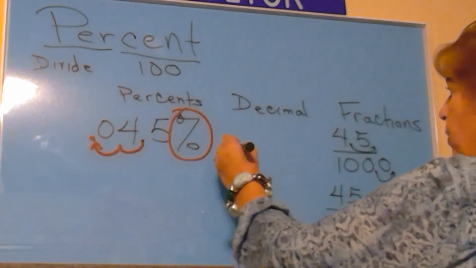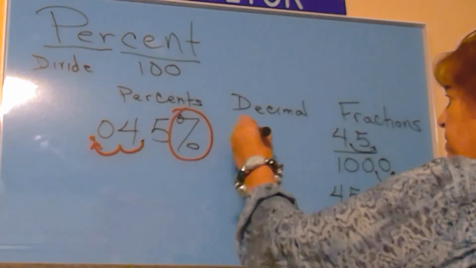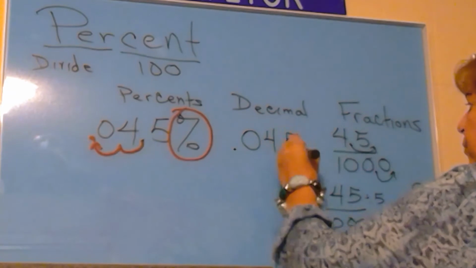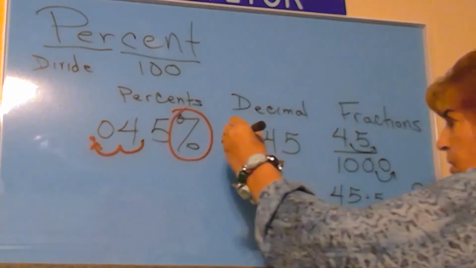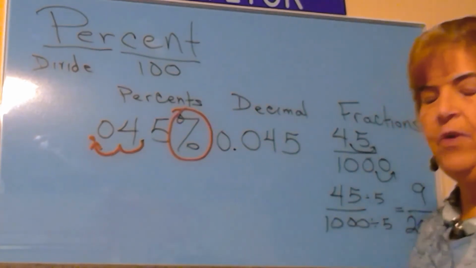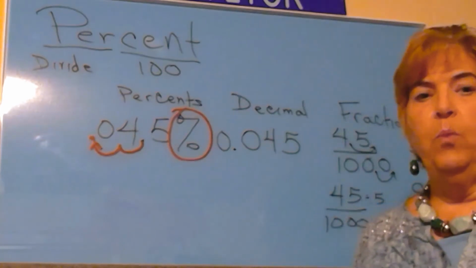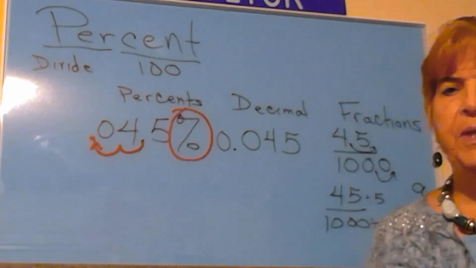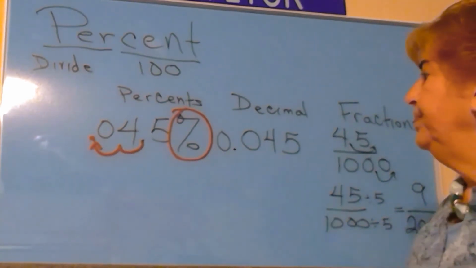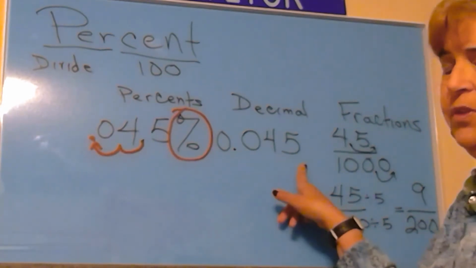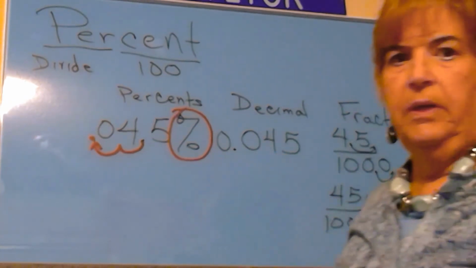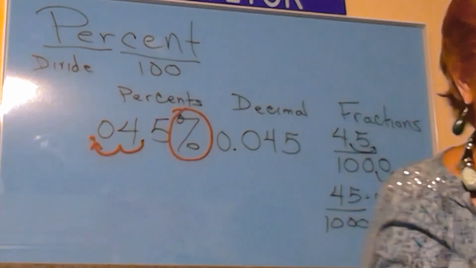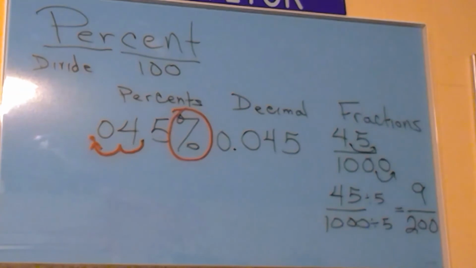So the decimal equivalent is 0.045, which is 45 thousandths. That's hundredths, that's thousandths. You can put a 0 in front of the decimal point, but when counting decimal places to the right of the decimal point, we don't count the 0 in front. Okay.